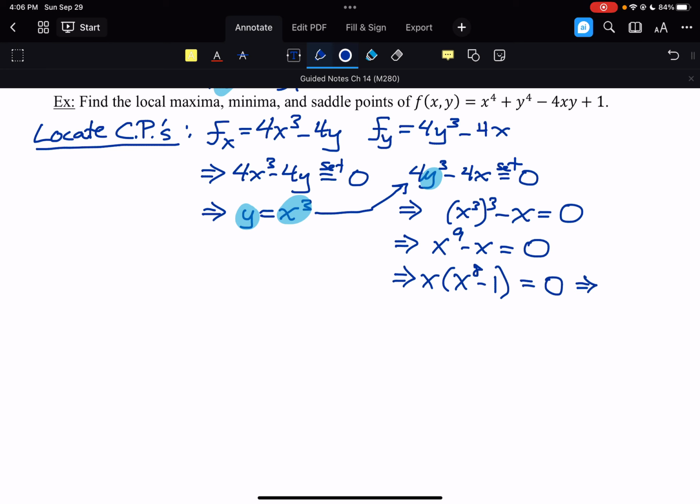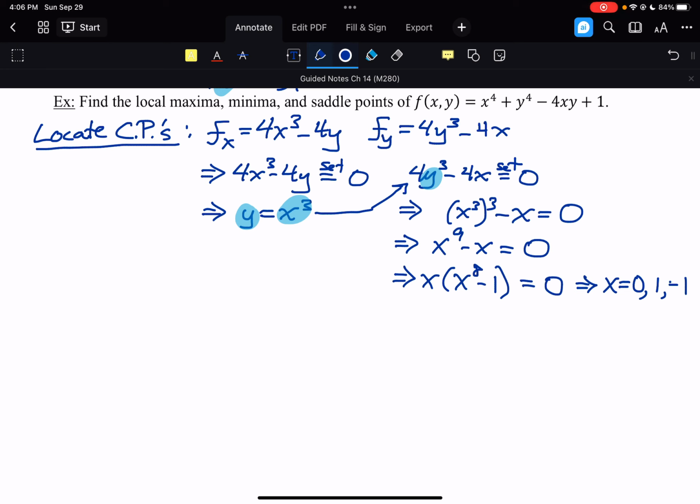This gives us a few possible outcomes. x could be 0, and then the x to the 8th minus 1. It's kind of like x squared minus 1 because it's an even power, but we would still get 1 and negative 1 for that. You could keep factoring this as a difference of squares, several times, but you end up just getting multiples of the same values of negative 1 and 1.